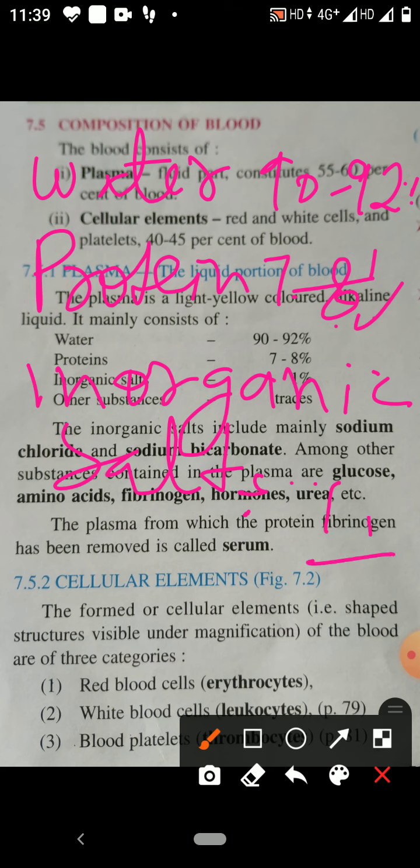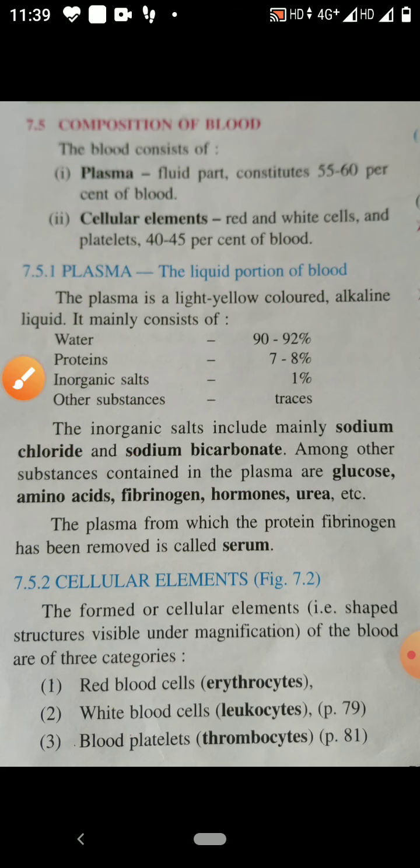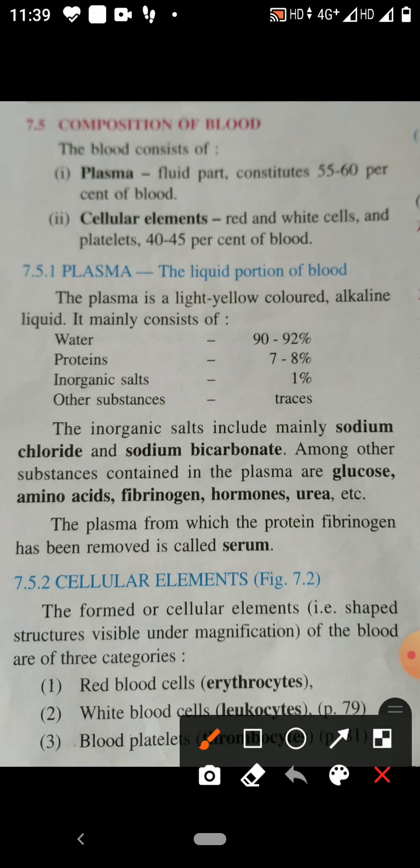Traces of other substances are there. So children, plasma is a light yellow colored alkaline liquid. It consists of water, protein, glucose, amino acid, fibrinogen, hormones, urea.